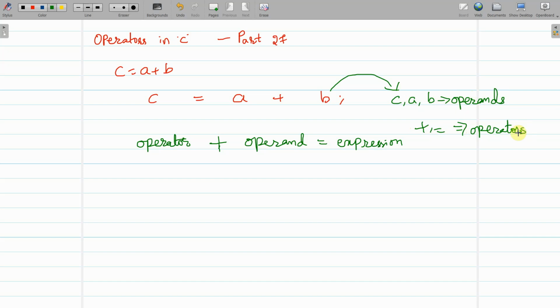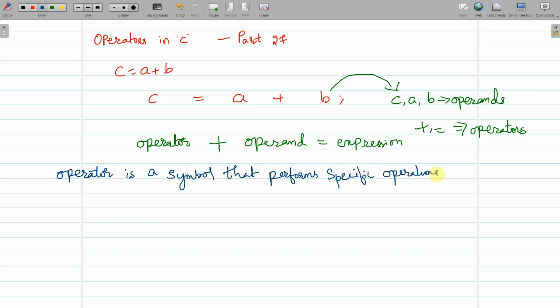Now once you understand this example, I would like to define the term operator like this: an operator is a symbol that performs specific operations on operands.